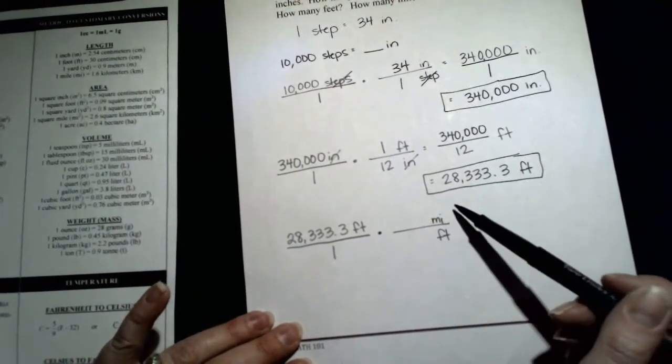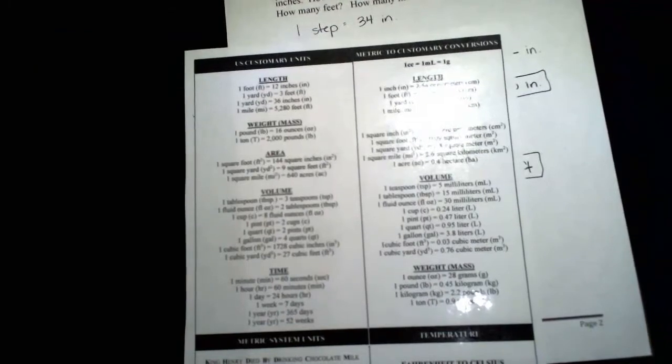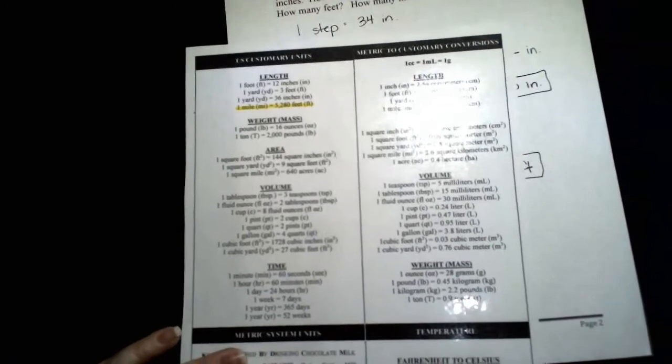Feet and miles are both US measurements, so I'm going to be going to my conversion page again and looking for miles to feet. So it's US to US, so I'm over here on this side, and I see that 1 mile equals 5,280 feet. I'm going to fill that in.